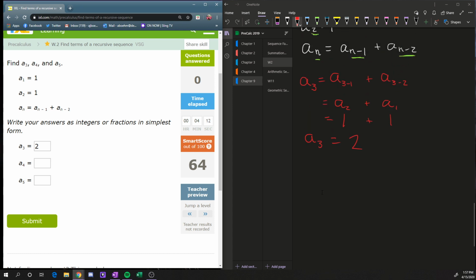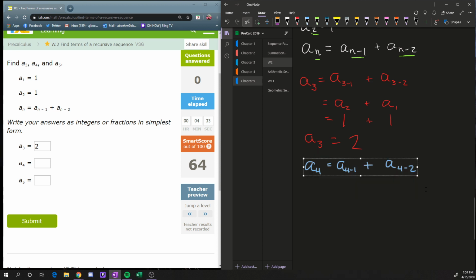And then we do the same for the fourth term. So in order to find A4, we replace 4 everywhere we see an N, in that equation in white. Then we can simplify a little bit. So the fourth term is the sum of the third term and the second term.